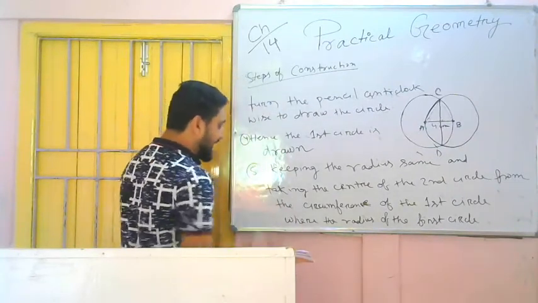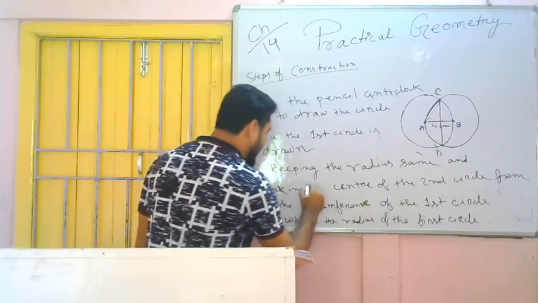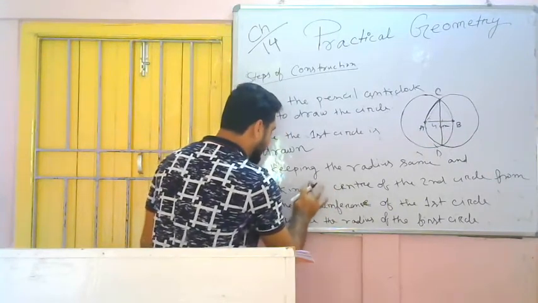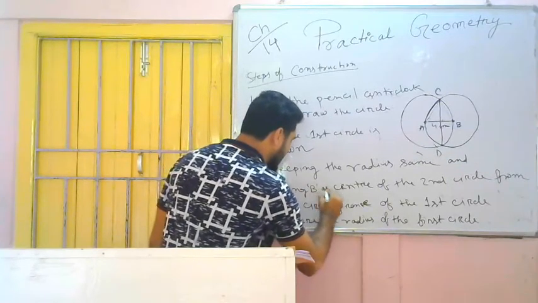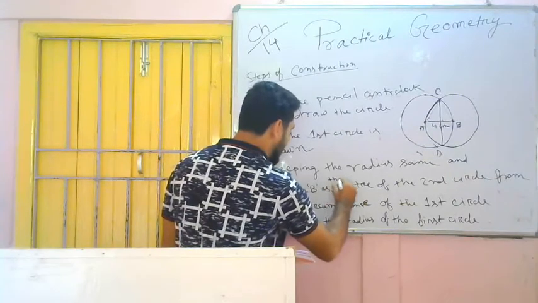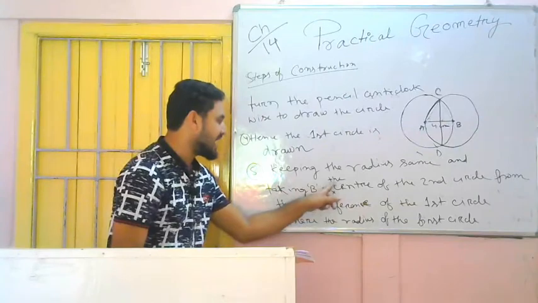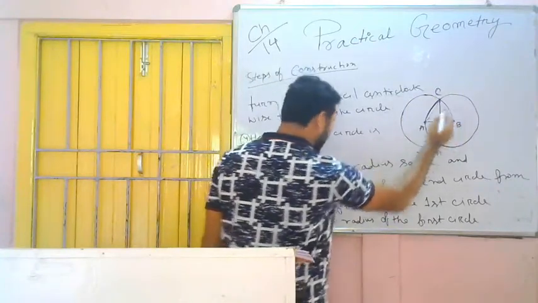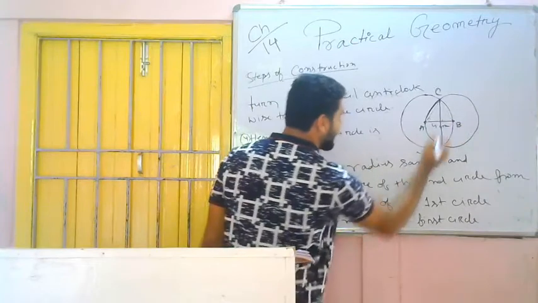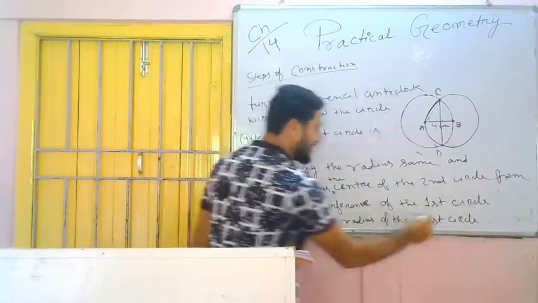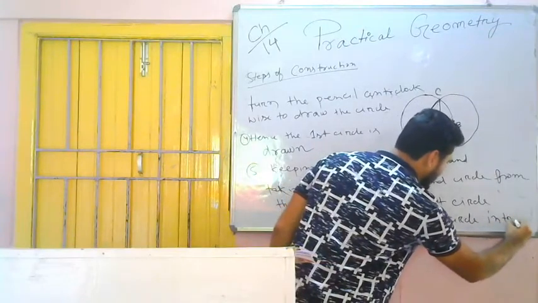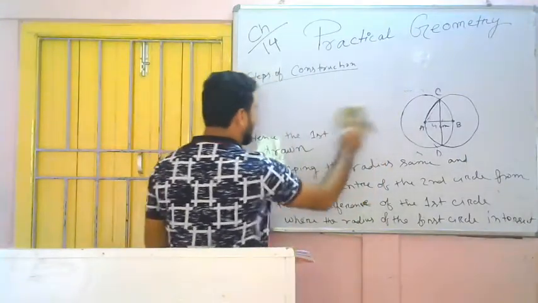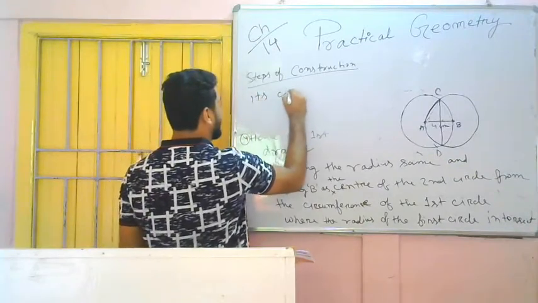Here you make one correction. Taking B as the center of the second circle from the circumference of the first circle, where the radius of the first circle intersects its circumference.